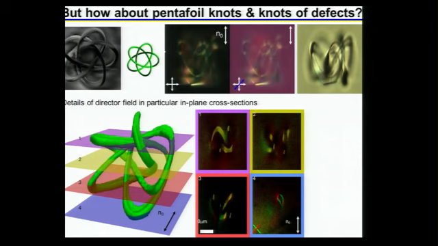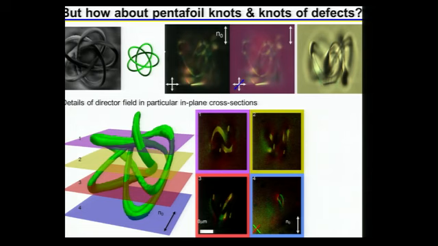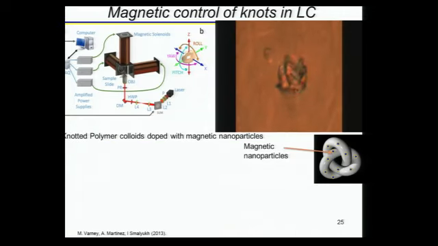So, again, by means of multi-photon fluorescence imaging, we can look at what happens with the director structure around those colloidal particles in different planes along this structure of pentafoil particle. And we can then indeed see that we again induce boojums because this particle has tangential boundary conditions.